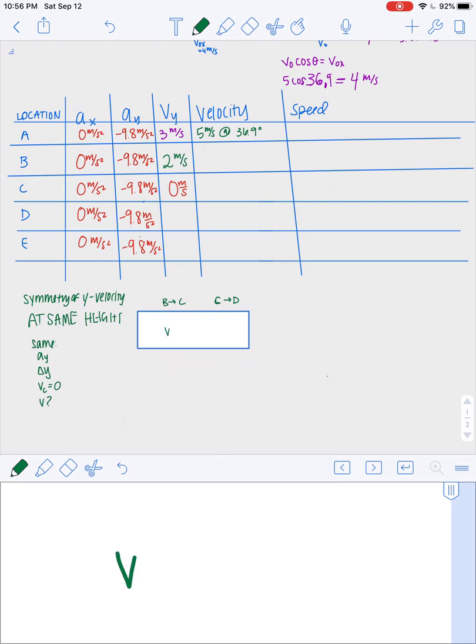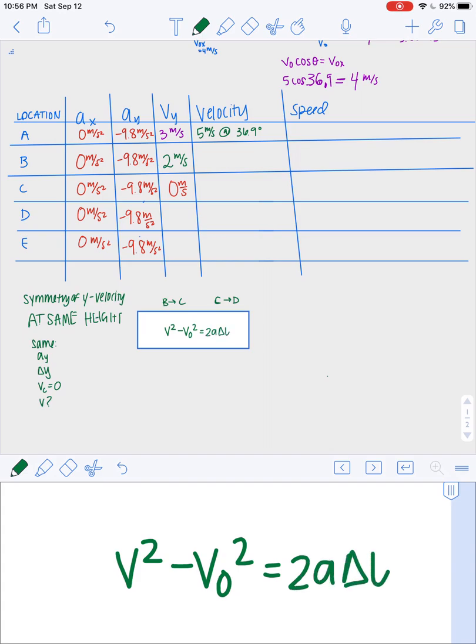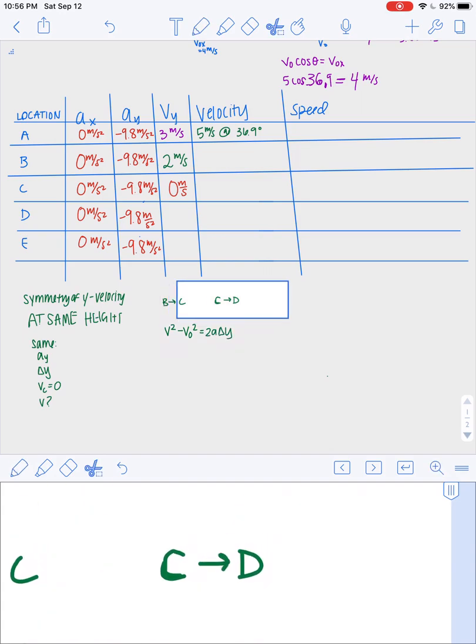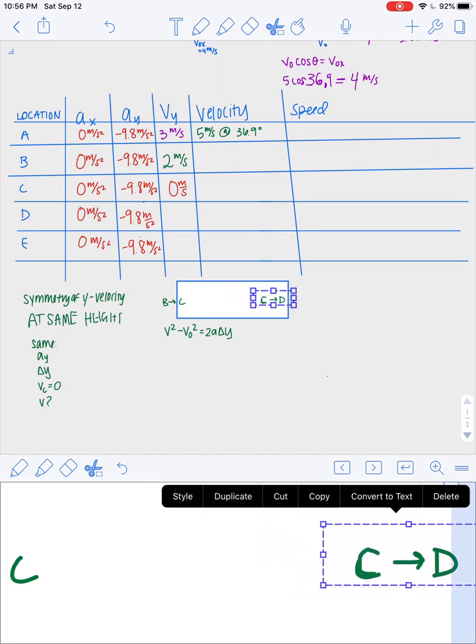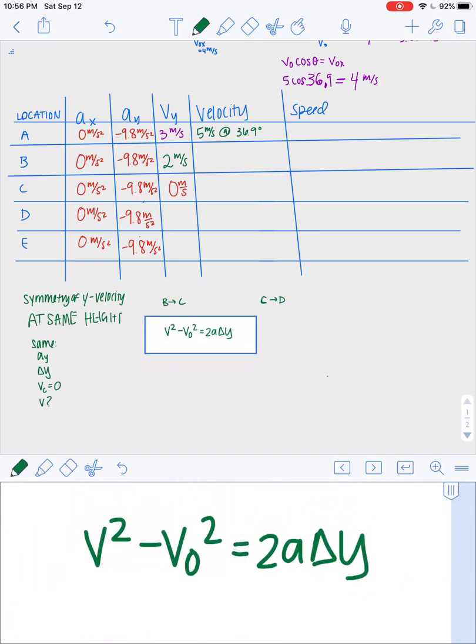So the equation we want to look at is this one. Let's first look at B to C. From B to C, the velocity is 0, so that's the final.